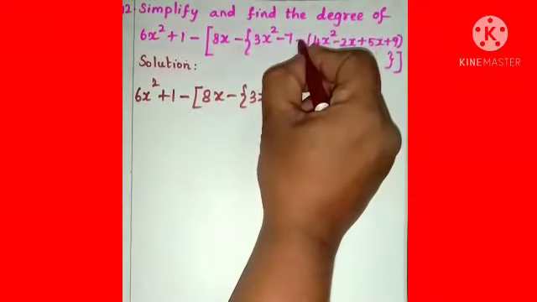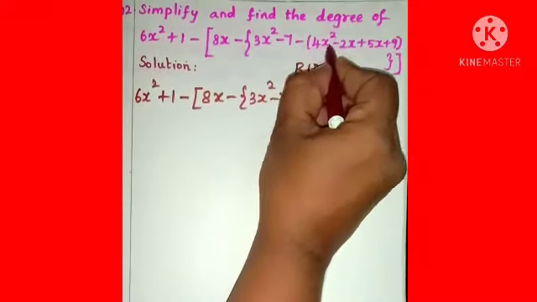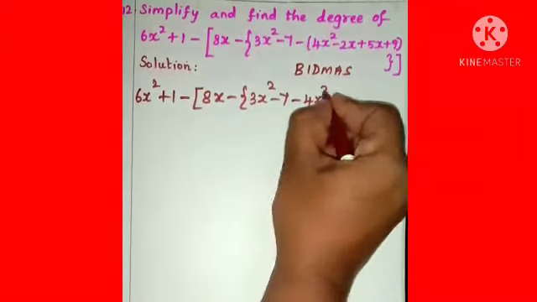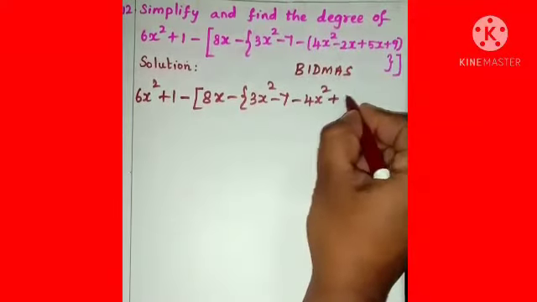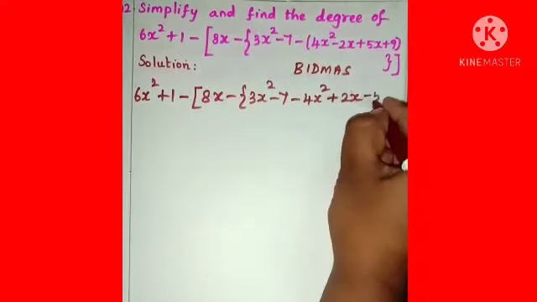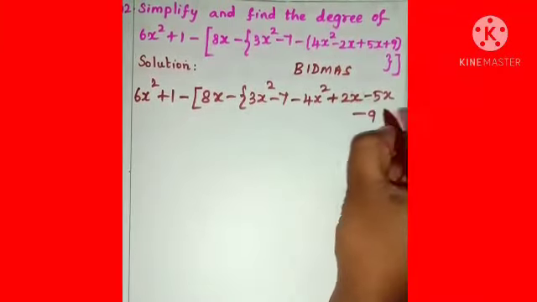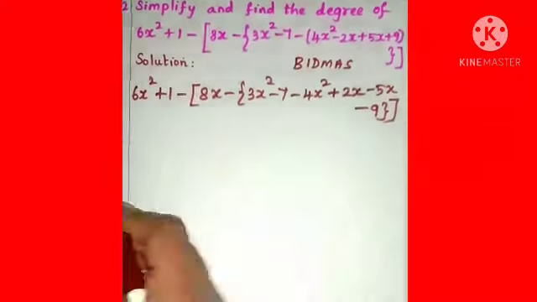So we can use the integer product rule. Now minus into 4x square is minus 4x square, minus into minus is plus 2x, minus into plus is minus 5x, minus into plus is minus 9, and put the bracket.